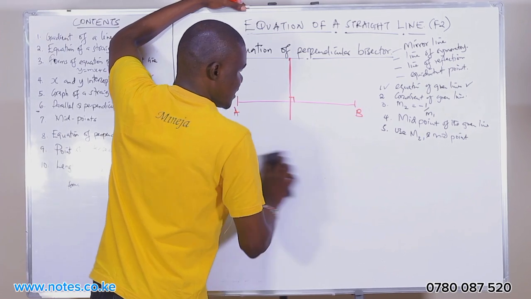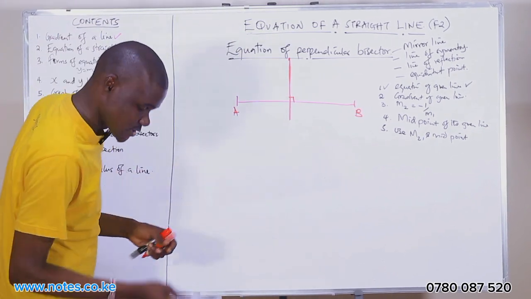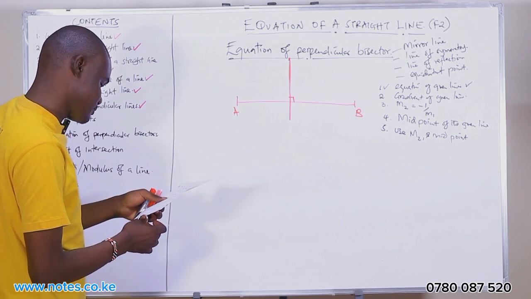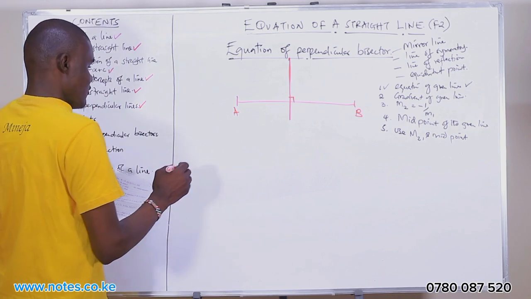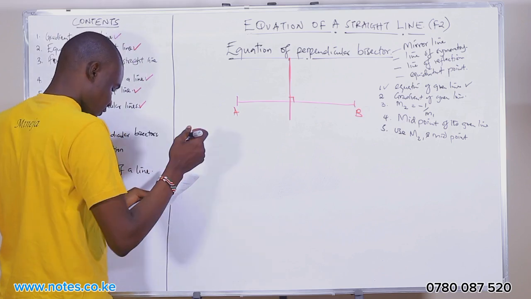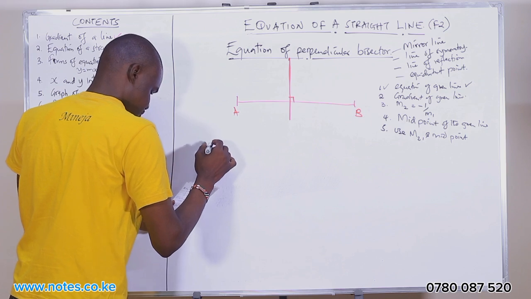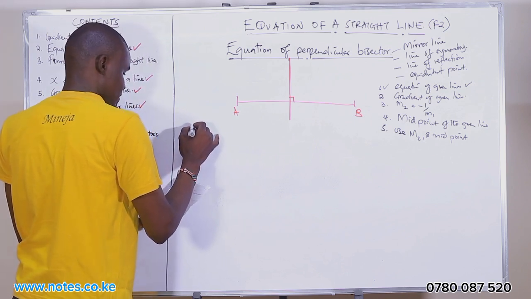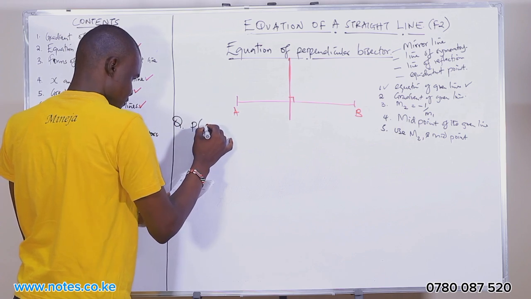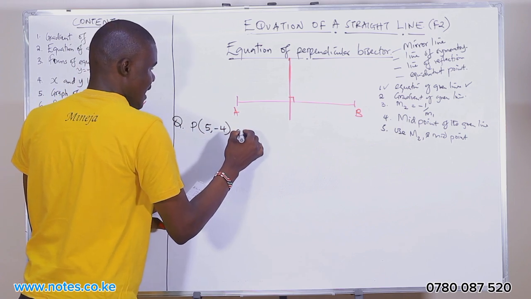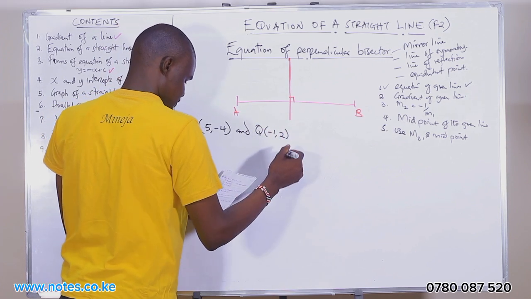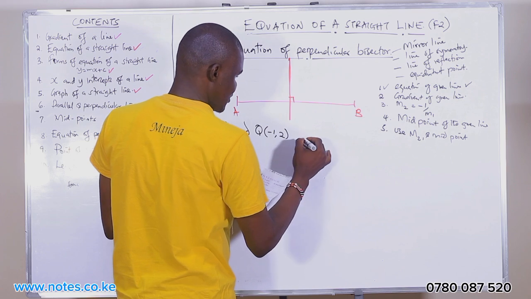Let me write an example here. We have a question here. Find... P(5, -4) and Q(-1, 2) are points on a straight line.